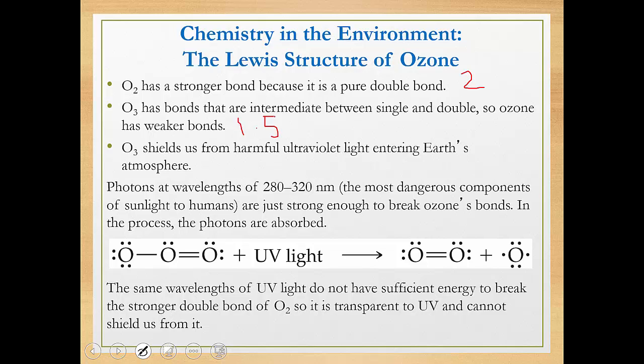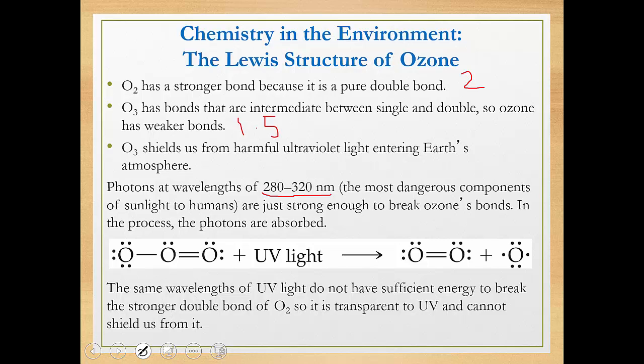This is what allows ozone to actually shield us from ultraviolet light. This is why ozone is so important to us. What's happening is we have ozone in the upper atmosphere, and it is capturing these photons at a wavelength of 280 to 320 nanometers. That's in the ultraviolet range, and it's one of the most dangerous components of sunlight to humans. Now, the energy in those photons is just strong enough to break that 1.5 strength bond of ozone.